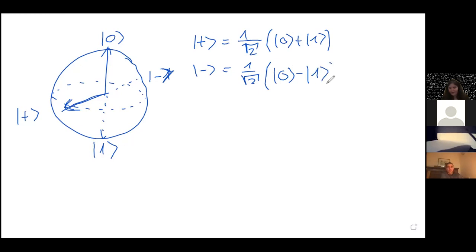This is something you have to consider when you solve this week's homework problems.